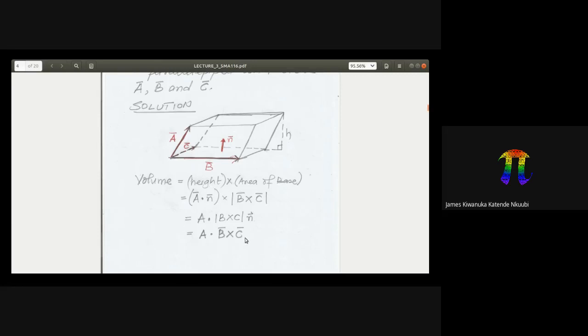So this whole thing is just the same as A dot B cross C. So you need to see that the magnitude of B cross C times N is the vector in the direction perpendicular to B and C, whose magnitude is the magnitude of B cross C, right? And this is precisely the definition of the dot product of A and the vector B cross C. I hope that makes sense. You will take time and read this carefully.